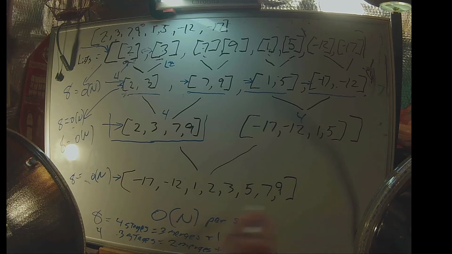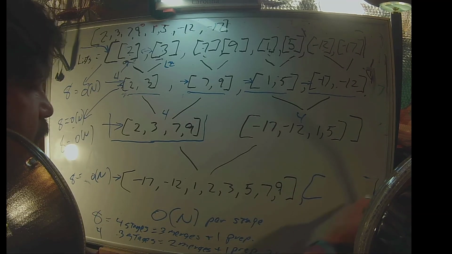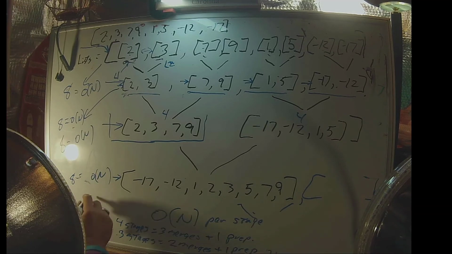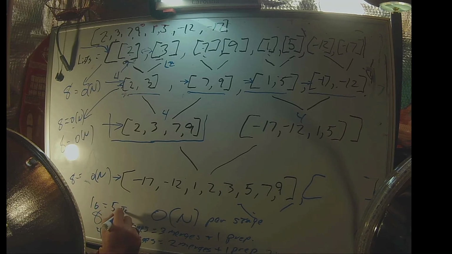And actually, if we wanted to do 16, if we had a double size list, we would just have another list of length 8 over here, and we would take 1 more stage. So for 16, it would be 5 stages, equals 4 merges plus 1 prep.